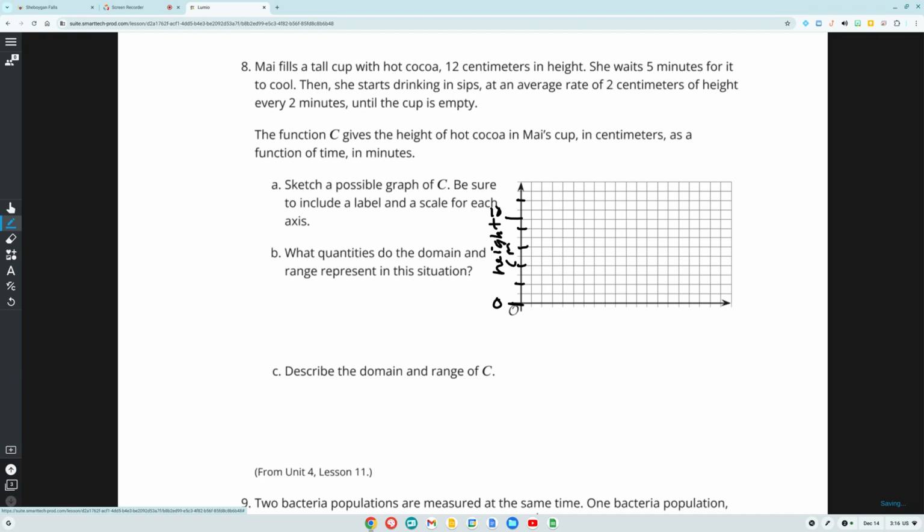Which means I'm going to have a vertical intercept of 12 centimeters of hot cocoa. And I know that every 2 minutes, I'm drinking 2 centimeters. So my slope is negative 1, 2 down over 2.